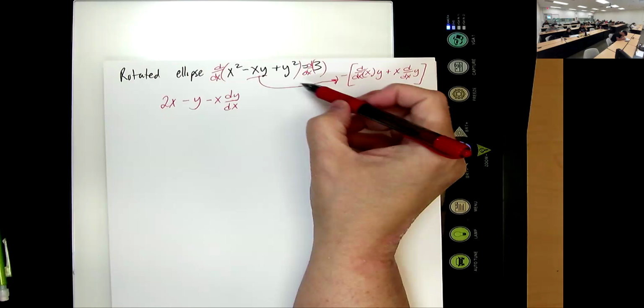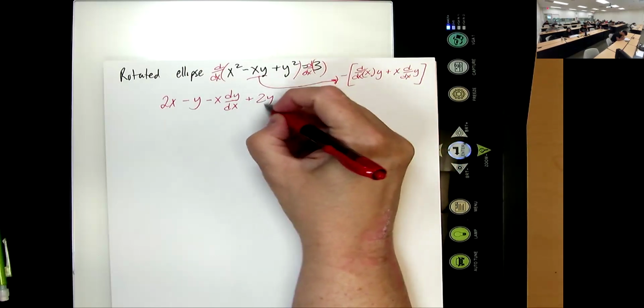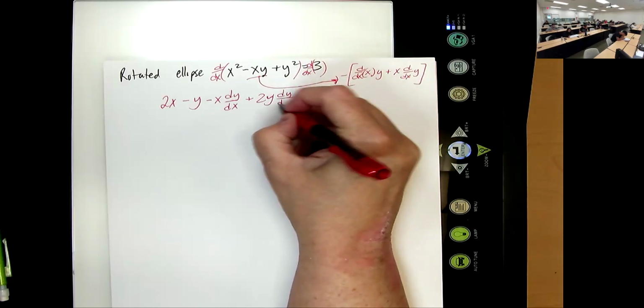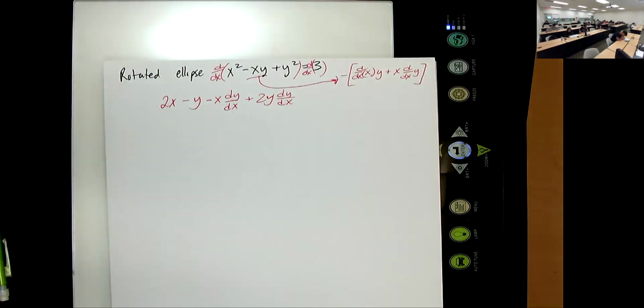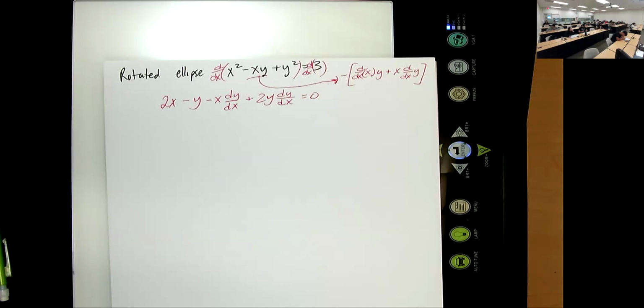Then we do the y squared. Bring the power down, lower the power by 1, and then do the derivative of y, dy/dx. And the right side equals 0.